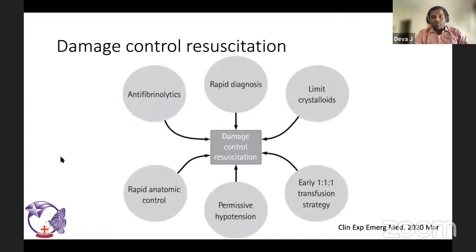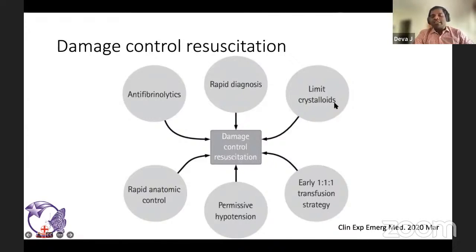So putting all of them together, this is what is called damage control resuscitation. So far, what we've talked about is damage control resuscitation. For a trauma victim that is exsanguinating, the first thing you do is stop the bleeding. #1, rapid anatomic control. You administer tranexamic acid. You do an e-FAST, find out where they are bleeding into, and see if you can fix that.